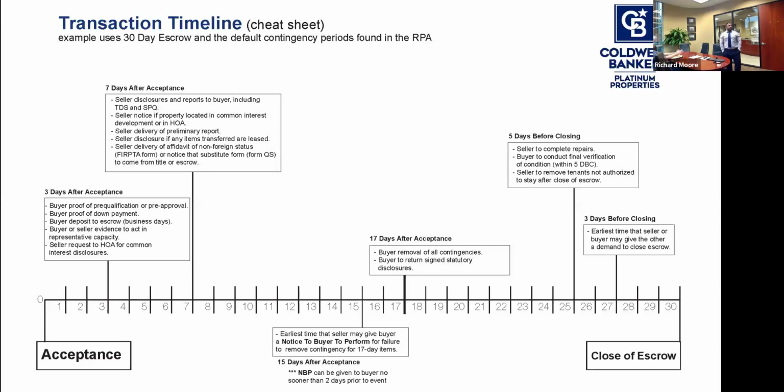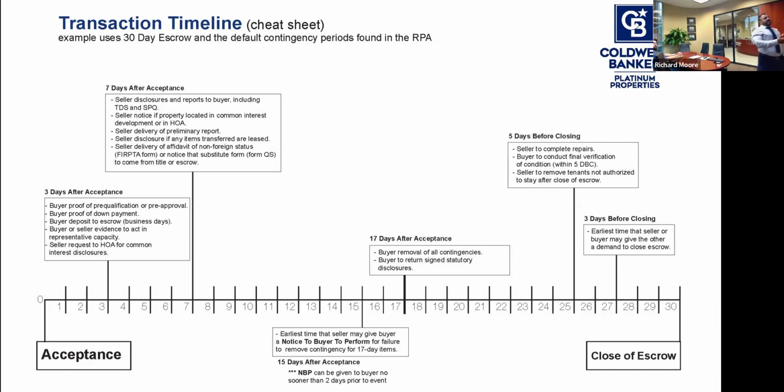And this is, I think, pretty much the only way the seller can cancel. In the meantime, the buyer can cancel for any reason within these 17 days, as long as they don't remove contingencies. So if the buyers get to day 17 and remove all contingencies, now they can't cancel. They have to move forward, or if they don't, they could lose their deposit.